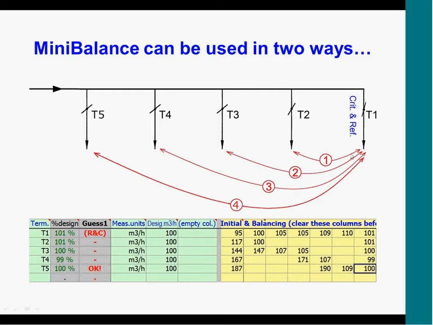It will be rather a lot of walking to and fro between terminals. It is the absolutely most accurate way of using the proportional method and using Mini Balance.